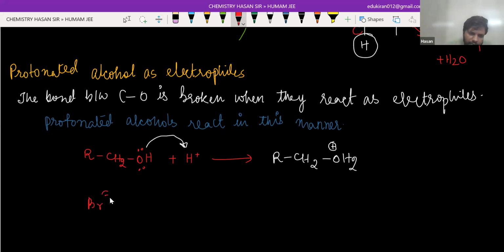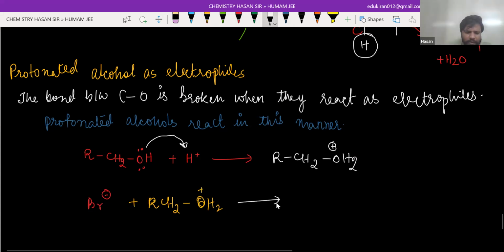Now Br negative is there, that is the nucleophile. Now RCH2 and there is your OH2 positive. Oxygen is very unstable when having a positive charge, so oxygen will take electrons from carbon. So carbon will have electrophilicity, a deficiency of electrons.